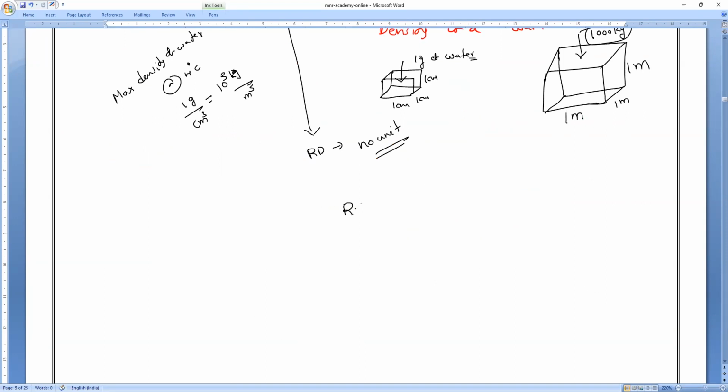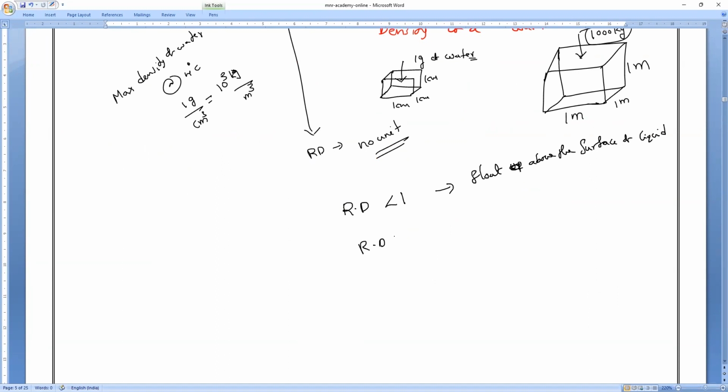If RD is less than 1, then the object will float above the surface of the liquid or fluid.